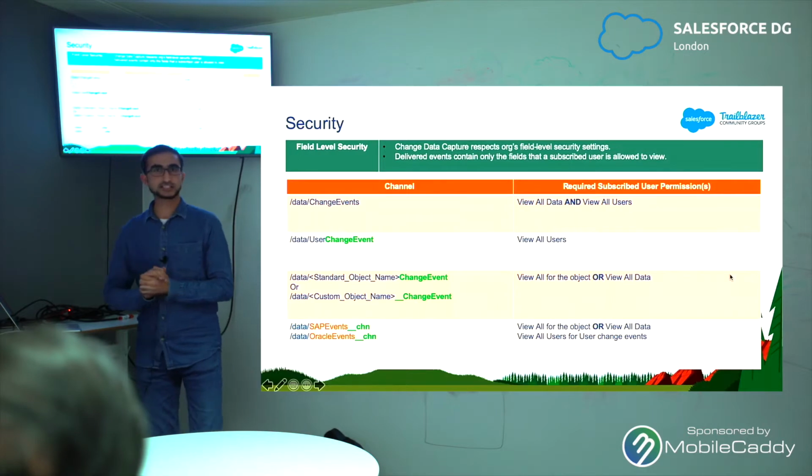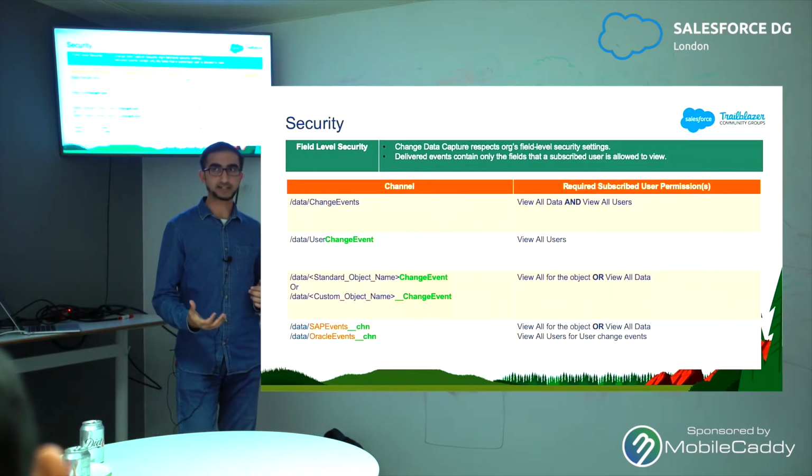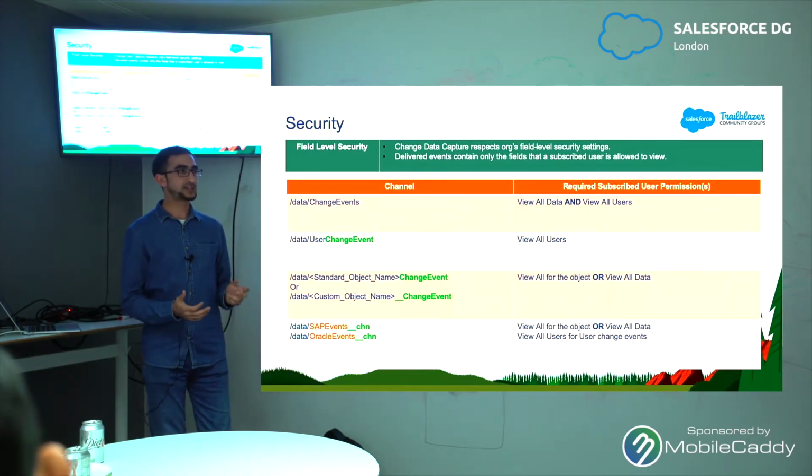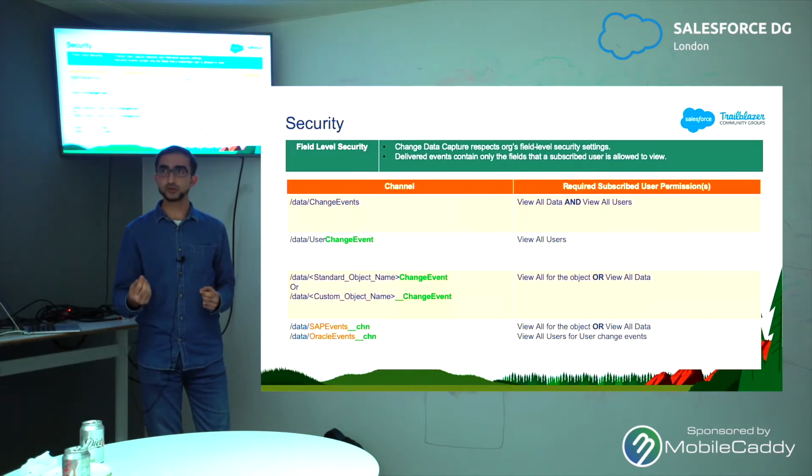Okay. So now just quickly from a security perspective, change data capture events respect your field level security. It means the subscribed user must have at least view permission on those fields in order to access those fields through the change data capture events.